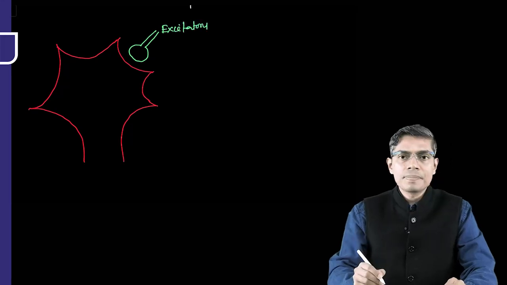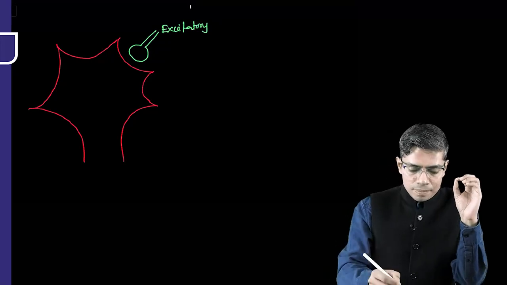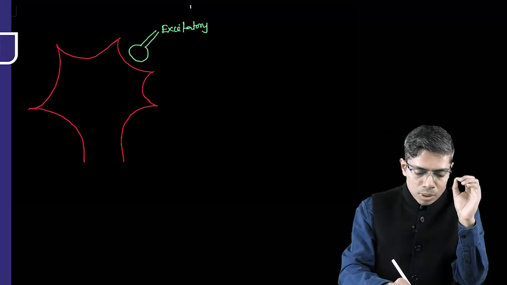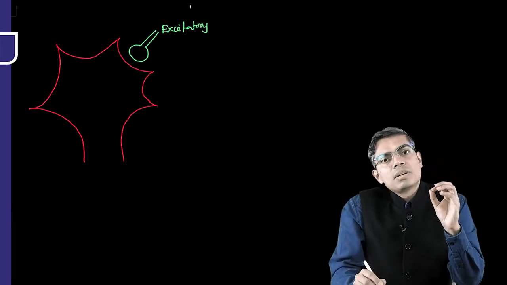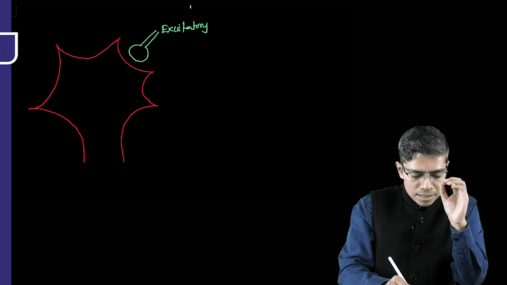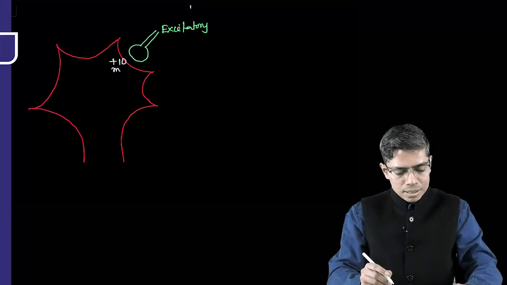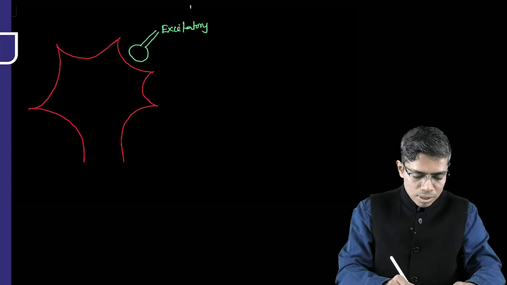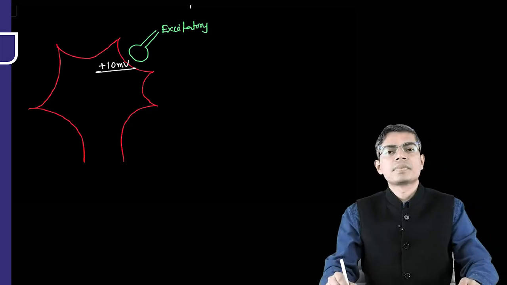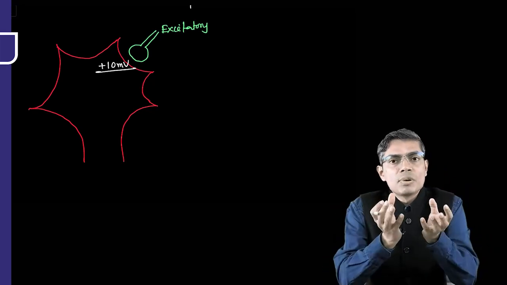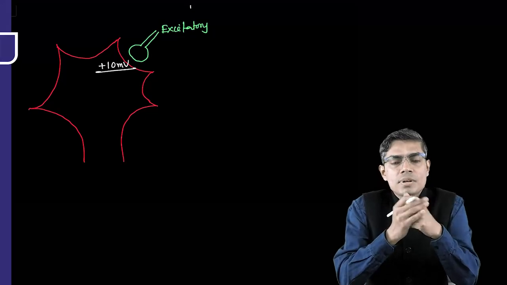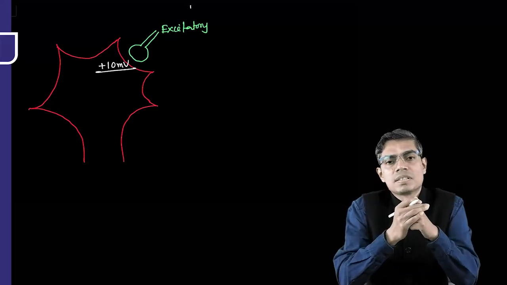This excitatory neuron has produced one local potential, and the strength of that local potential is plus 10 millivolt. I am not looking at the membrane potential, I am looking at the strength of the local potential. What is the voltage, the charge of this local potential? That I am looking at.